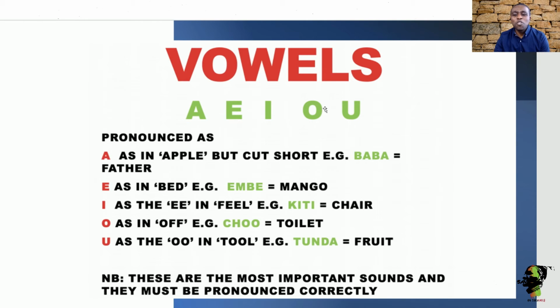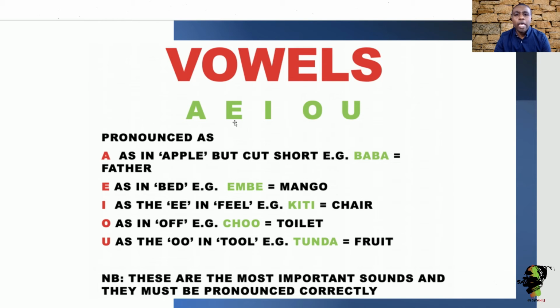Then we have the last one, the vowel U. The vowel U is pronounced the way you would say tool. A Swahili word that you can find with that vowel, for example, is tunda, which means fruit. So how do we say all these vowels in Kiswahili?